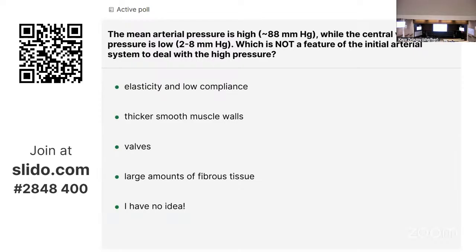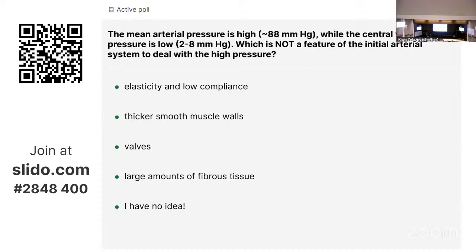So we're going to link this back with remembering that figure from the beginning and some of the features that we expect to see in arteries, and link that up with some features we expect not to see in arteries before we listen to some blood pressures and try to do this in a practical way. Okay.